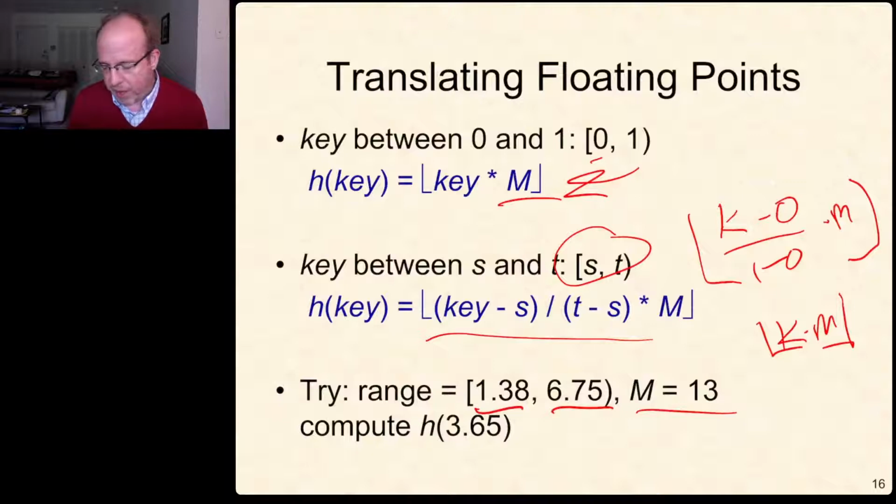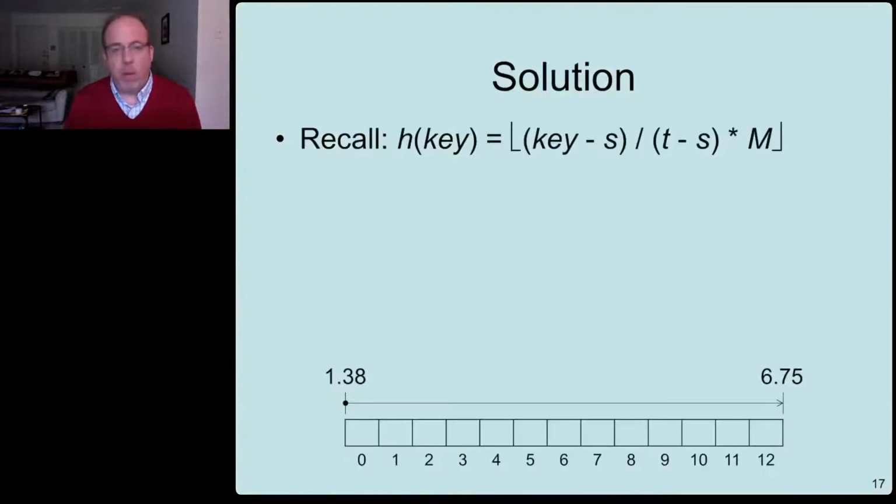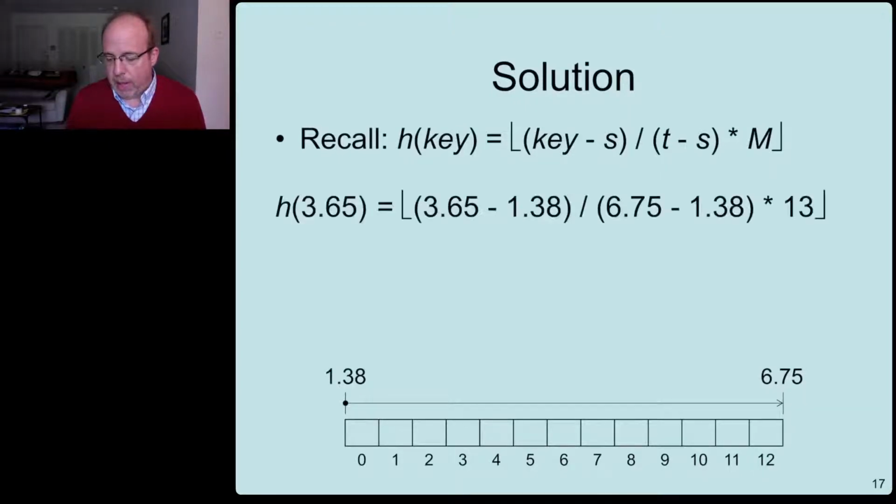Well, what's the hash value of, say, 3.65? The way we think about this, again, is we have our function floor of (key minus s) over (t minus s) times m. The key was 3.65. The lower bound was 1.38, divided by the width of the range, where the upper bound was 6.75 and the lower bound was 1.38, times 13, and then the floor.